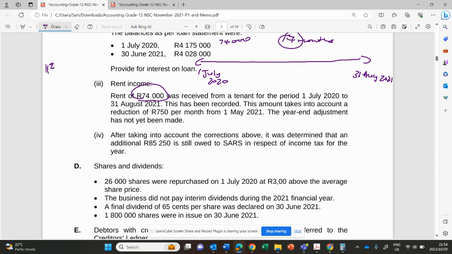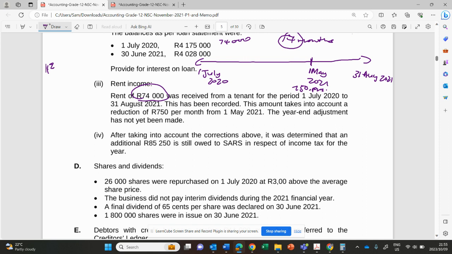Now, they are saying we had a decrease. A reduction is a decrease. So we had a reduction of 750 per month from first May 2021. So now the rent is not equal. Since the rent is not equal, you can't divide the amount by the 14 months.